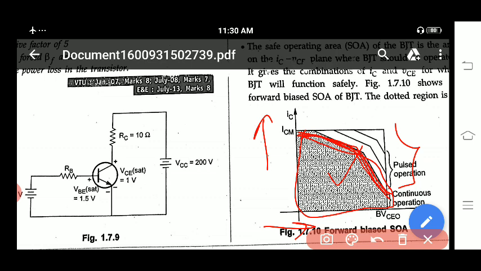You know that you are using the BJT as a switch. In order to make this switch on and off, you will use a pulse. If you are using a pulse, the safe operating area will be increased. Instead of only this much safe operating area, it will be increased to this.